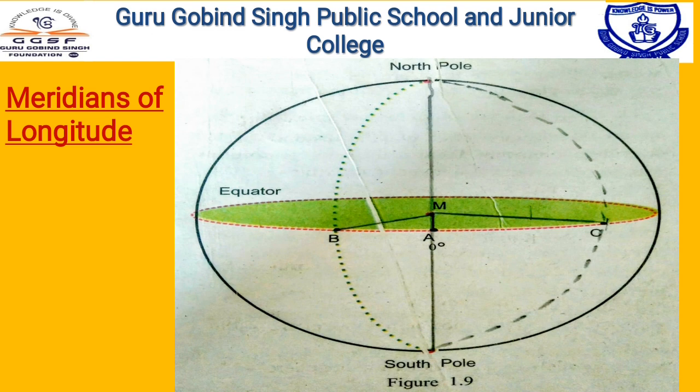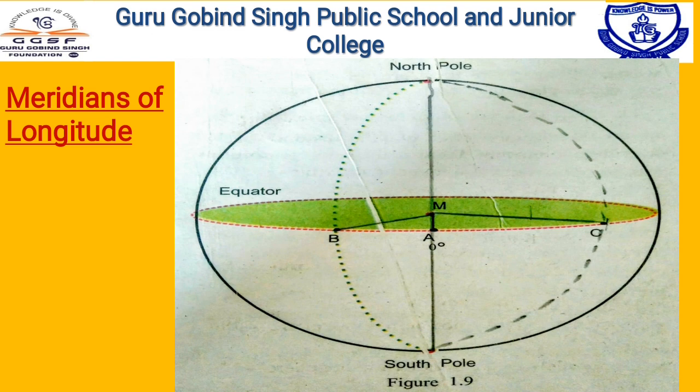The plane of the equator. Through these points A, B, C we can draw semicircles. Through point A we can draw a semicircle, through point B and through point C also. You can already see in this figure that semicircles are drawn. Similar semicircles can be drawn through points placed at each degree.